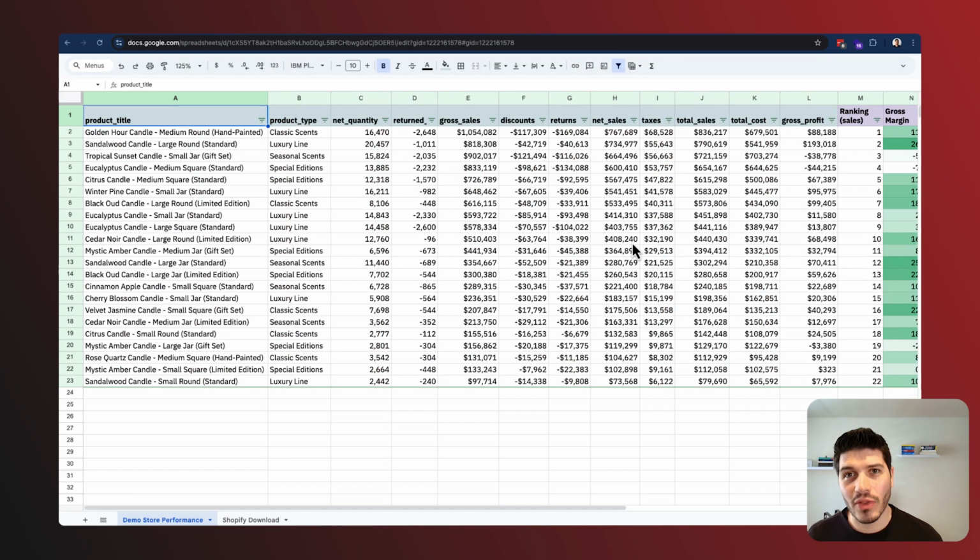This is an actual product performance report from Shopify, the kind of report you can easily download from your Shopify dashboard, where we have information like net quantity sold, net sales, total sales, gross profit, and so on. What's key about this report is that for this store in particular, we had cost of goods information in our Shopify system.